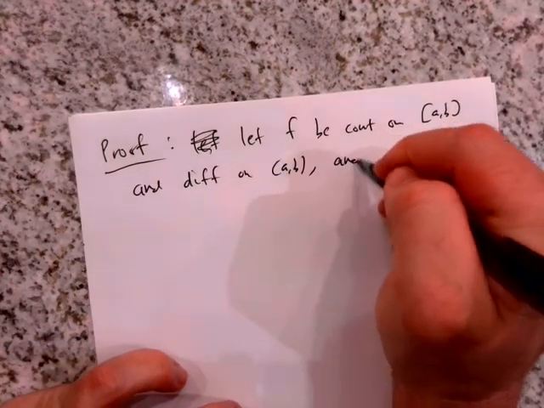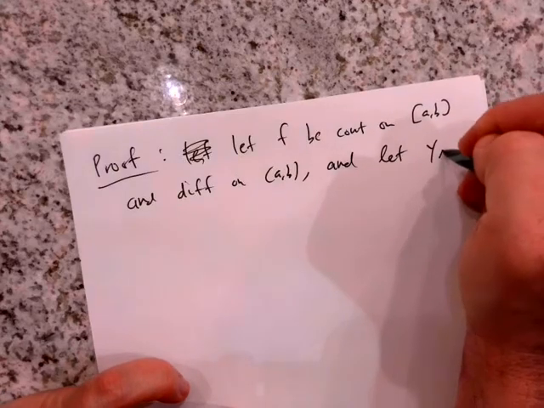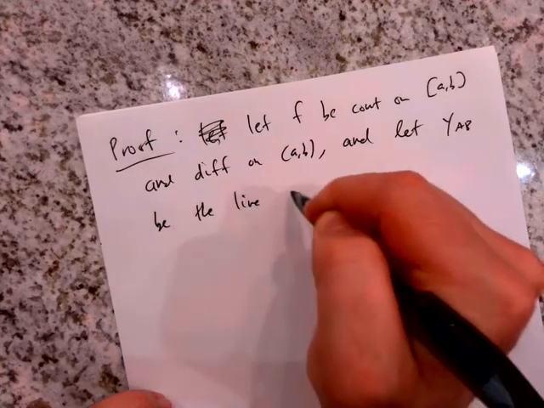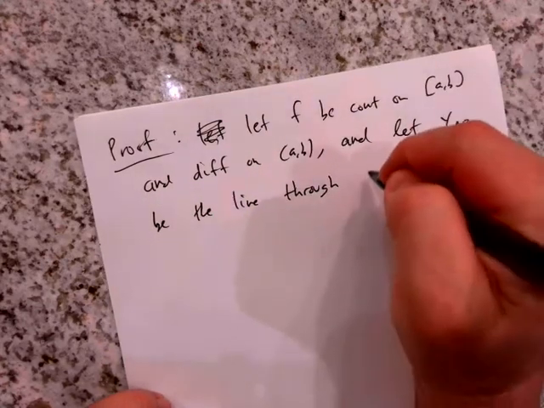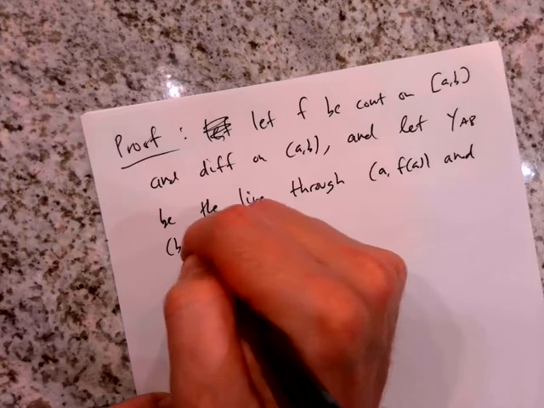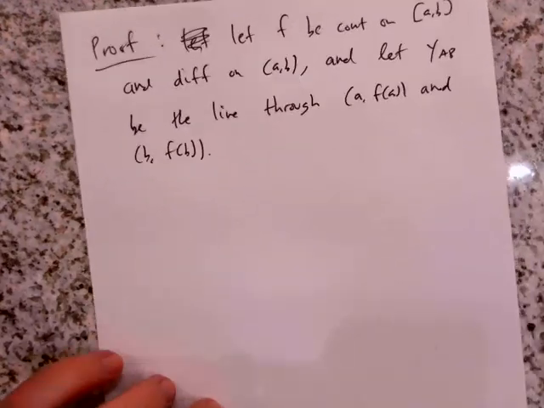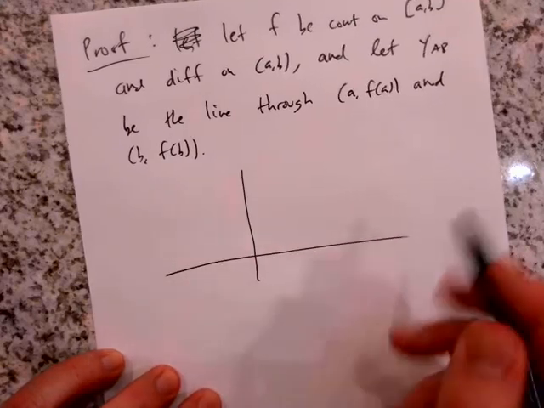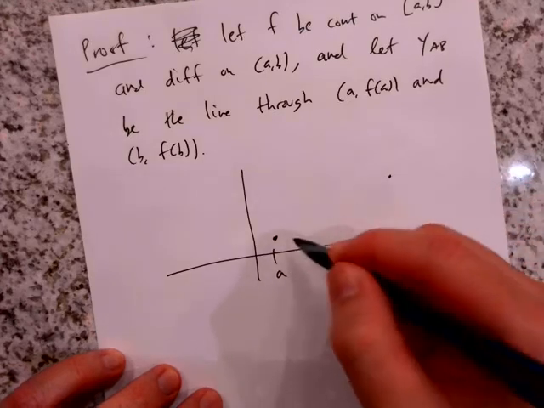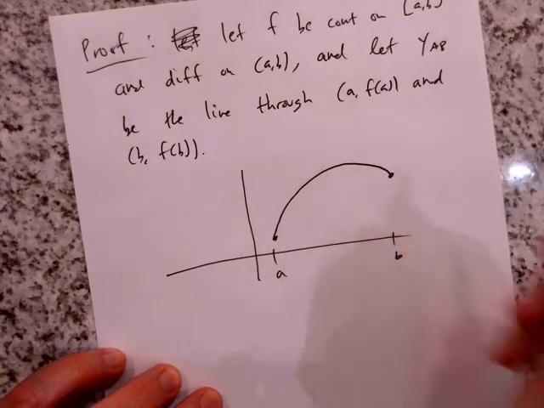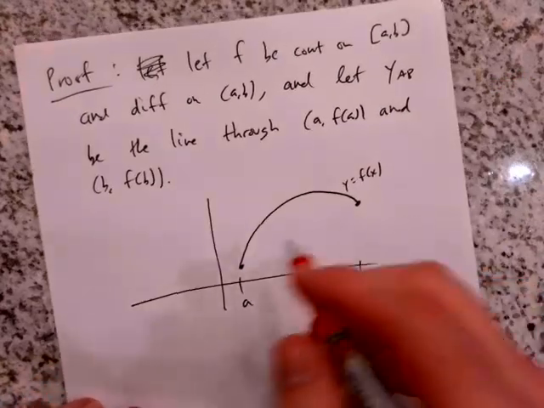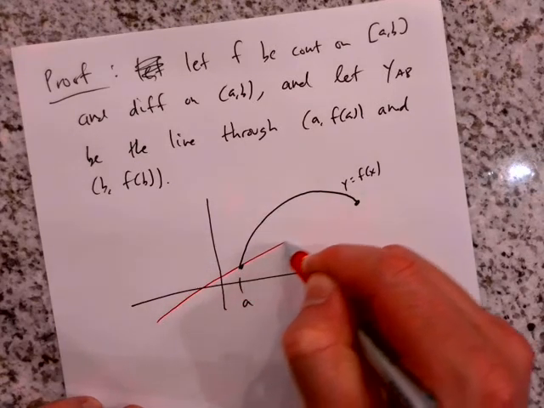And let some line, I'll call it y sub AB, be the line that goes through the points (a, f of a) and (b, f of b). So if I was to draw a sketch of what I just said, here we have a, here we have b. I'll use a similar graph that we had for our example on the previous page. That's f of x. And then the line y sub AB is the straight line that goes through the endpoints.